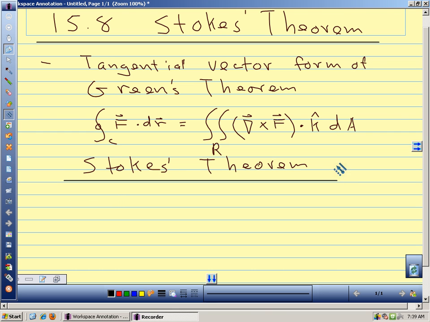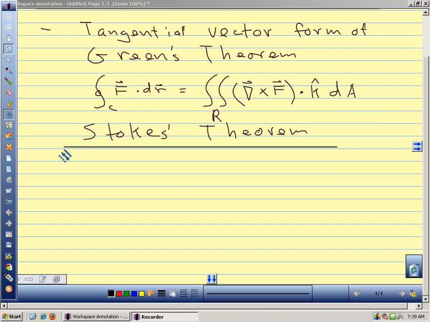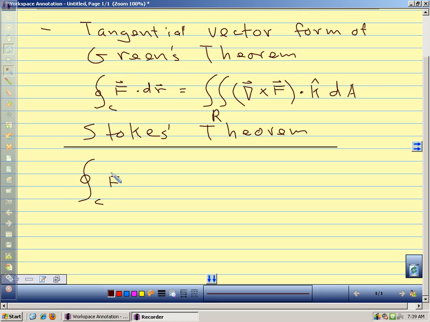So Stokes' theorem tells us that the line integral around a closed curve C of the tangential component, F dot dr, is equal, in 3 dimensions, to the integral over S of the curl of F dot n dS.